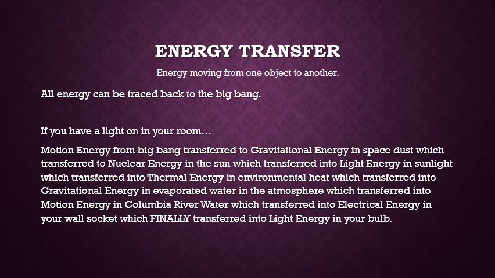That thermal energy was then transferred into gravitational energy as little bits of evaporated water in the atmosphere are high above the Earth, and then they rain down into the Columbia River. As the water in the Columbia River flows, it turns giant turbines, creating or transferring to electrical energy, and that electricity goes all the way through the power lines to your wall socket, which is finally transferred into light energy in your bulb.